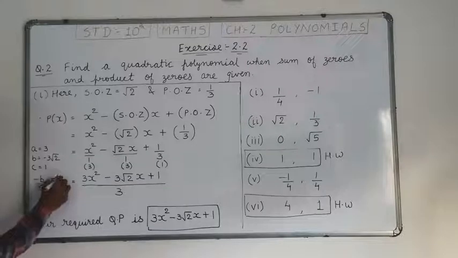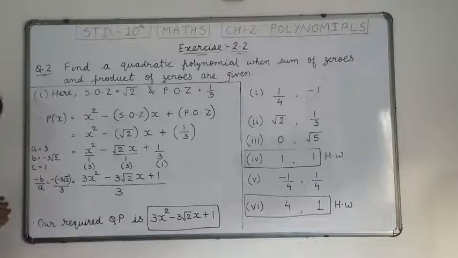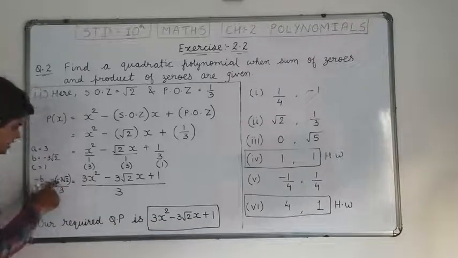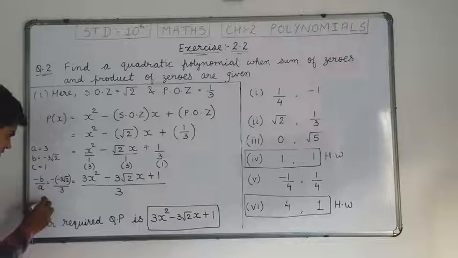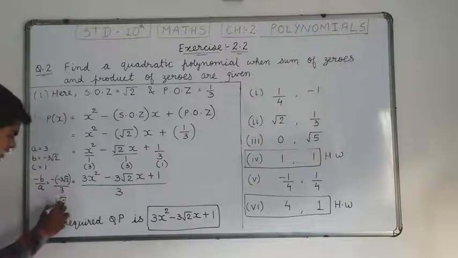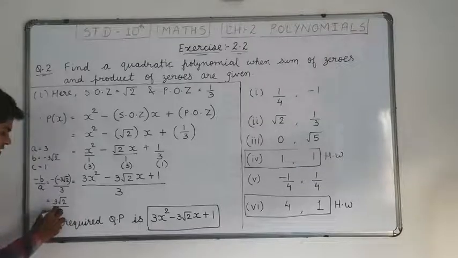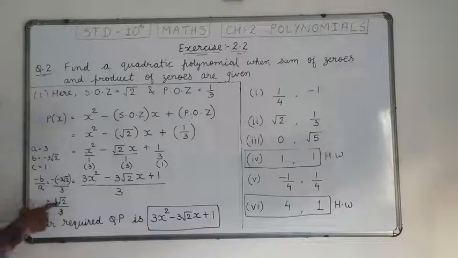So here we will write minus 3 root 2, all divided by a. What is the value of a? 3. Now minus minus plus. So 3 root 2 divided by 3. 3 and 3 will cancel. What answer came? Root 2 came.